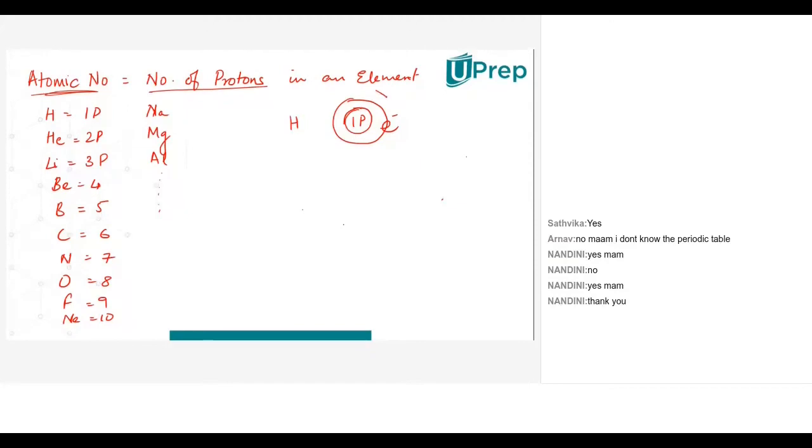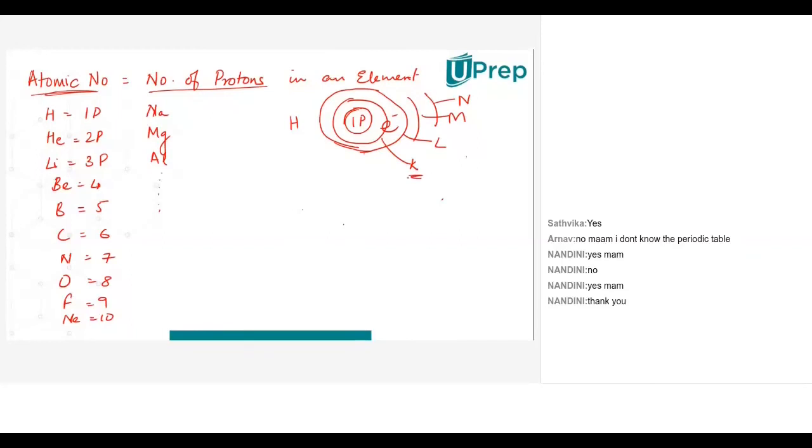So these orbits that you see are shells, and the naming of these shells starts from K, L, and then there are more, M, N. Each of these orbits has a name, and the naming is done starting from the letter K.